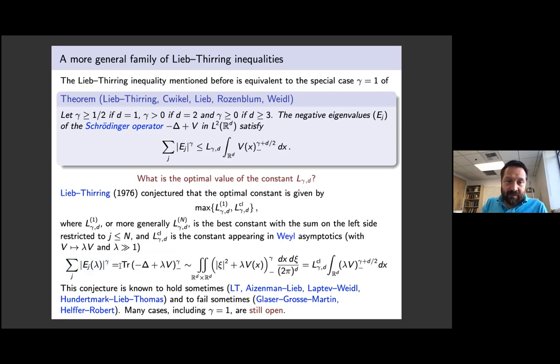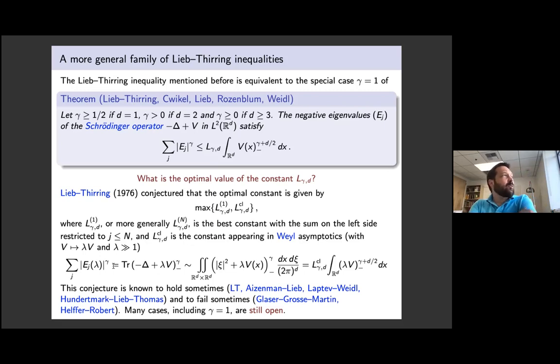And now this can be written in a more fancy way of taking your operator, taking its negative part, in the sense of functional calculus, raising that to the power gamma and computing its trace. That's a triviality. That's only rewriting it in a complicated way.